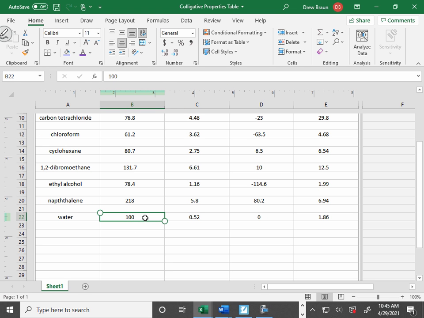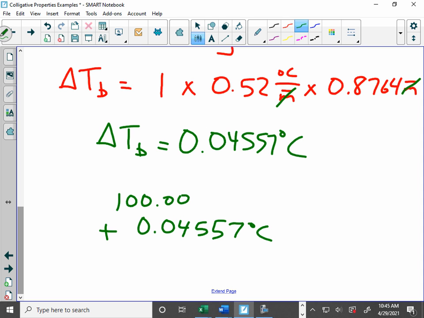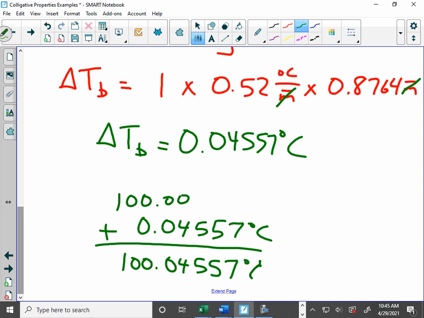100 degrees Celsius. So what I need to do is take my 100 degrees Celsius and add to that 0.04557 degrees Celsius, and I come up with a value of 100.04557 degrees Celsius.